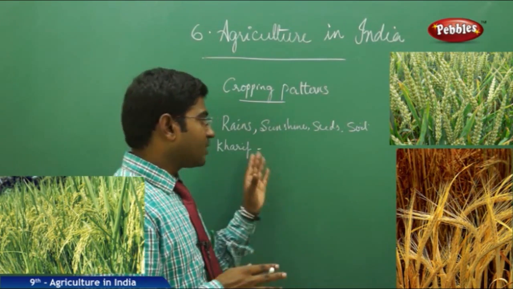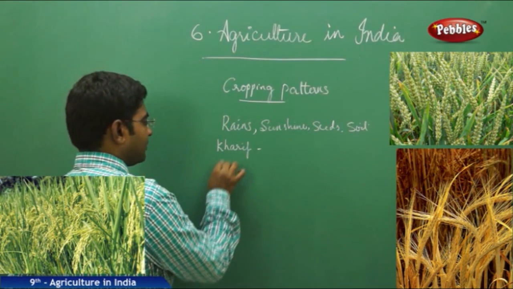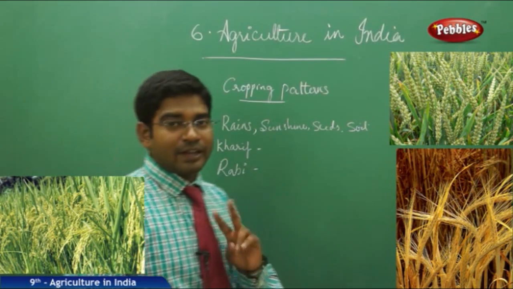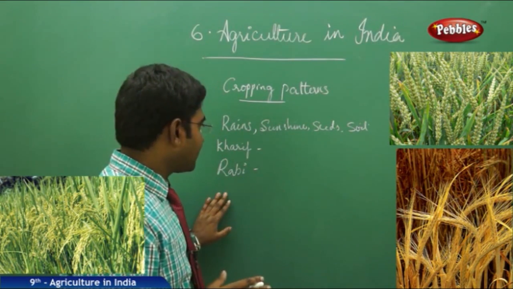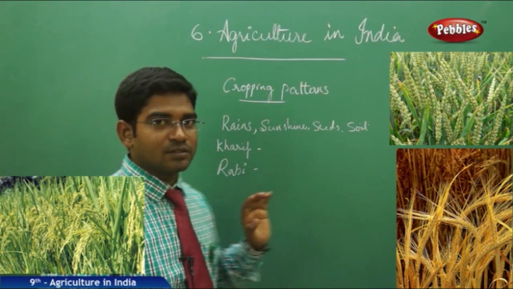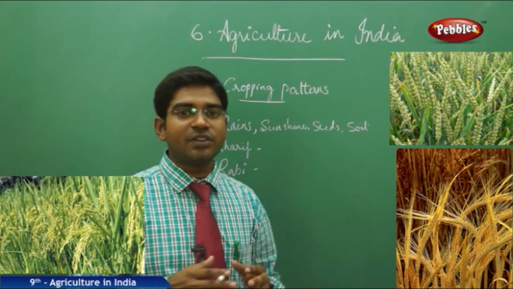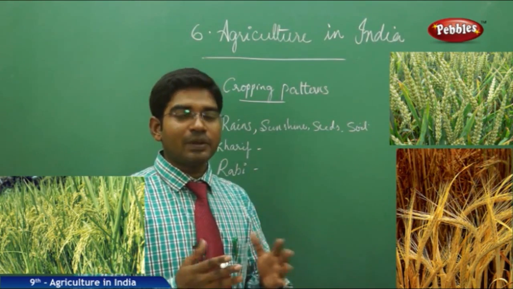And then after Kharif, the next most important season is Rabi. So the second cropping season is Rabi. When Kharif is taking place, we need a place with temperatures of more than 27 degrees, only then can paddy be produced. All these things play a vital role.